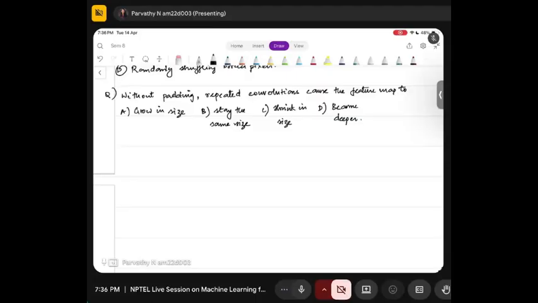So each convolution will reduce the spatial dimension, and after many layers, the feature map can be very small. So padding is one way to prevent this. So it is shrinking in size.